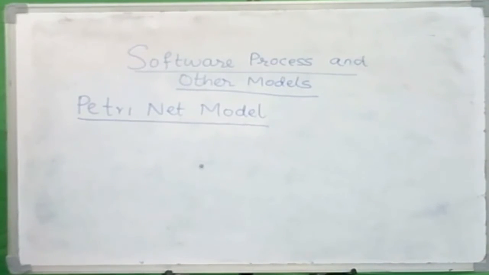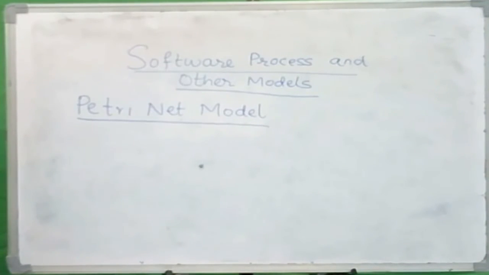In a Petri net model, the condition nodes usually represent some required condition, for instance, the existence of a test plan. A token at the condition means that the condition is satisfied or met.